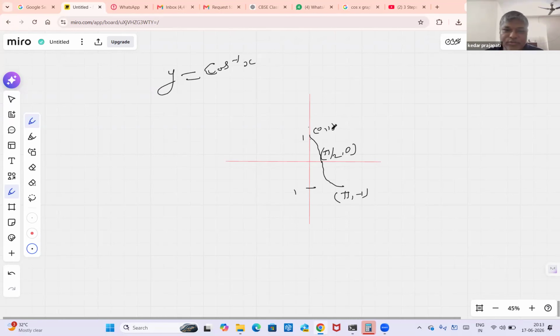Now my task is to draw the reciprocal of this. So what did we tell yesterday? Like you draw a straight line, or a straight line is also not needed, right? So 0, comma 1, this point's reciprocal will become 1, comma 0.